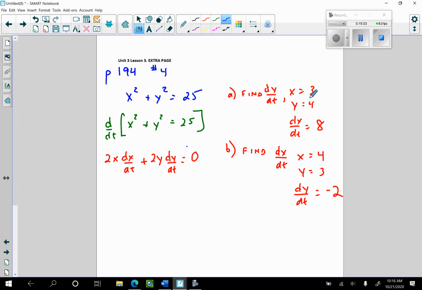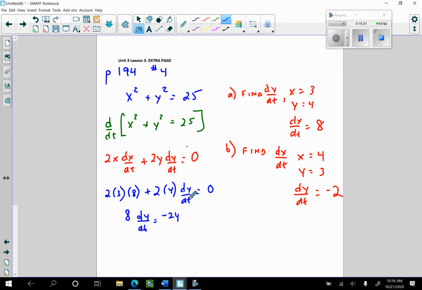So this is going to be 2 times 3 times dx dt, which is 8, plus 2 times 4. I don't know dy dt. That's what I want. This is going to be 6 times 4 is 24. This is going to be 8 dy dt is equal to negative 24.